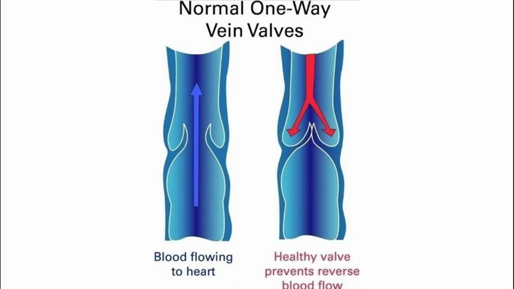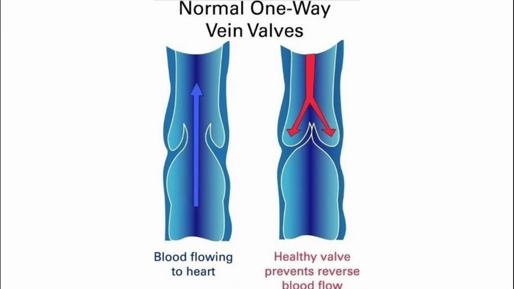an unphysiological direction. And when the muscles contract, they compress veins, and the blood will go up, and the valves will be stuck to the wall of the vein.